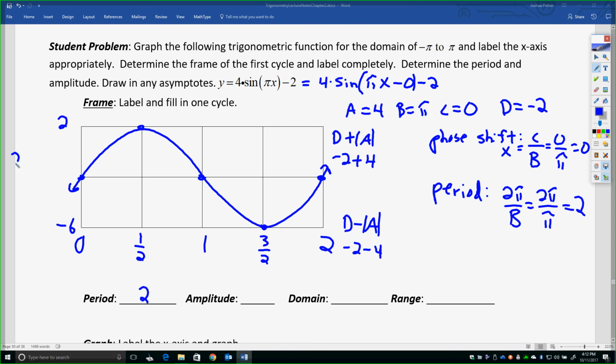Okay, so if we add those up, 2 plus -6 divided by 2, that gives me a -2. So there is our new graph. So our amplitude was 4, because that was our original a value, which has to be positive. It goes forever to the left and forever to the right. However, this one maxes out at 2 and bottoms out at -6. And those are values you can reach, so use the brackets.